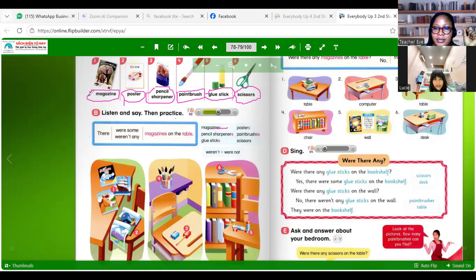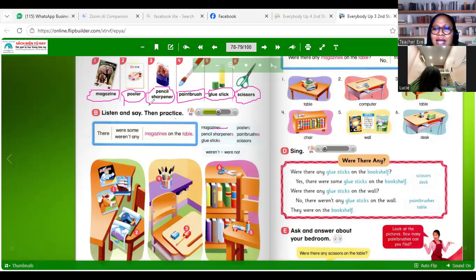Number 1. Magazine. Good. Okay. The number 2. Poster. Lucy. Okay.